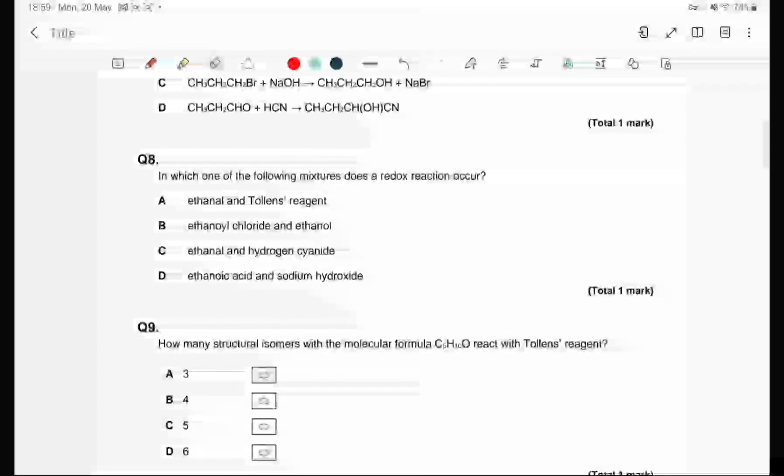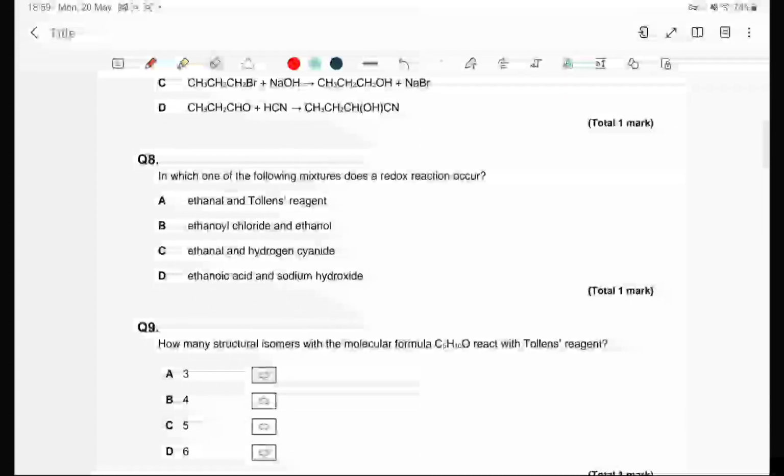It's worth noting that this must be a redox reaction because you can tell apart an aldehyde and a ketone, and the difference between them is that the aldehyde can be oxidized, so it must involve oxidation. Let's just check the other options. Ethanoyl chloride and ethanol.